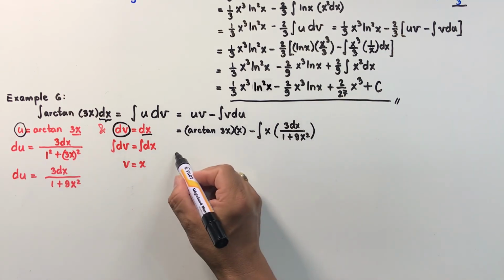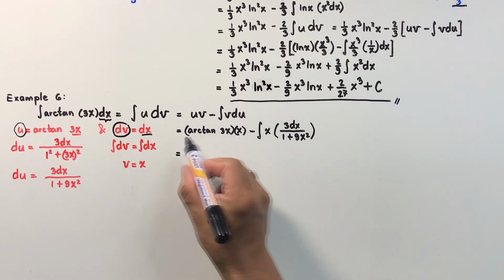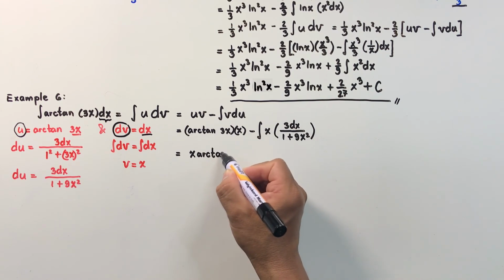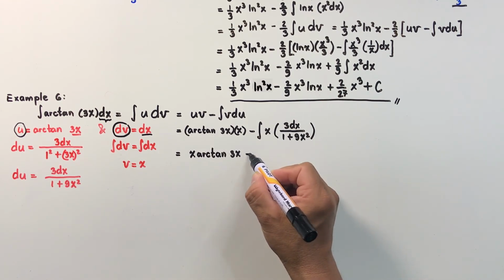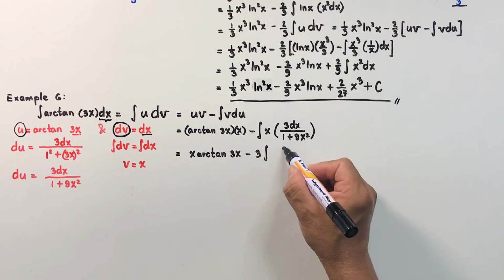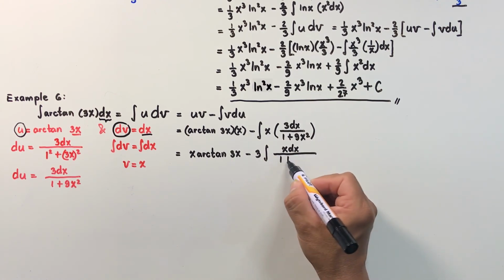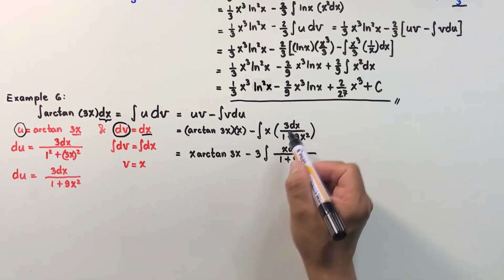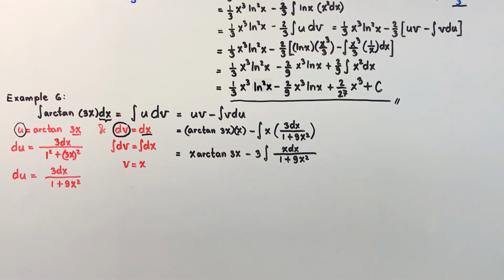So rewriting our answer, we have x when you write x in front of arctangent. So we have x times the arctangent of 3x minus 3 times the integral of x dx over 1 plus 9x squared, because we just factor out 3 in front of the integral symbol.